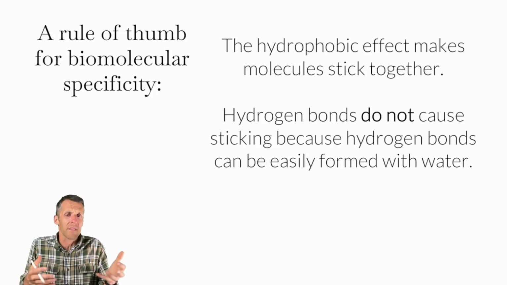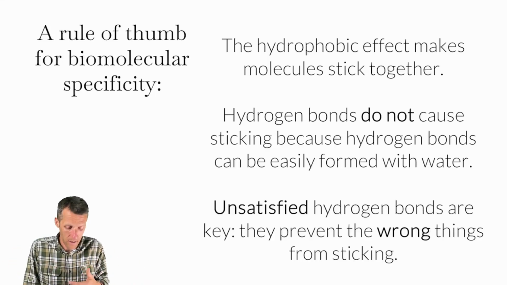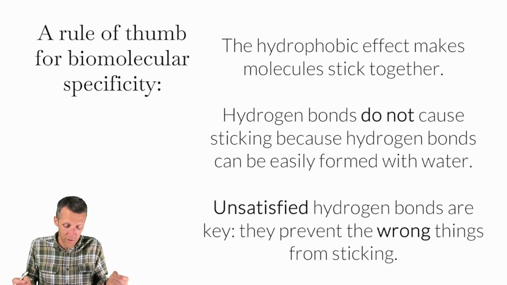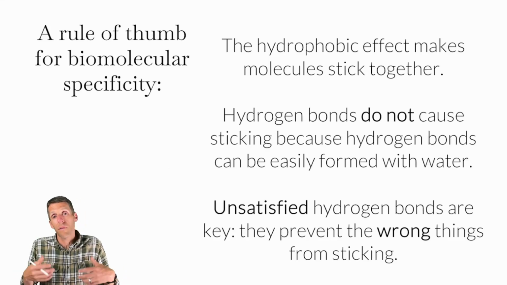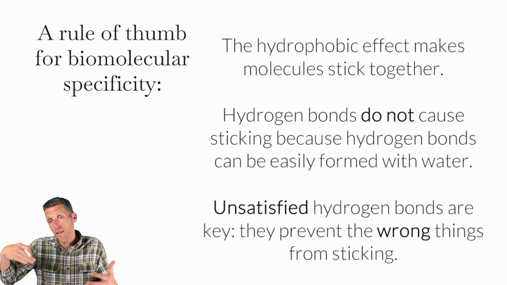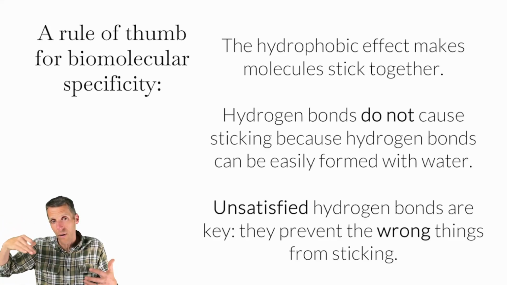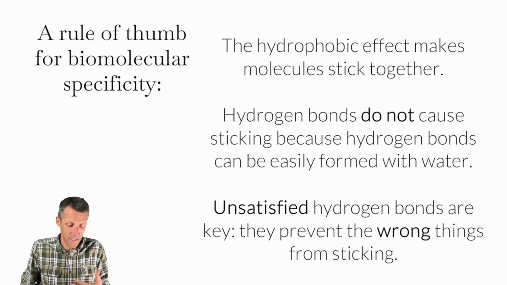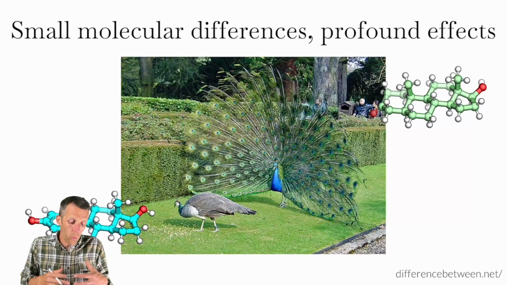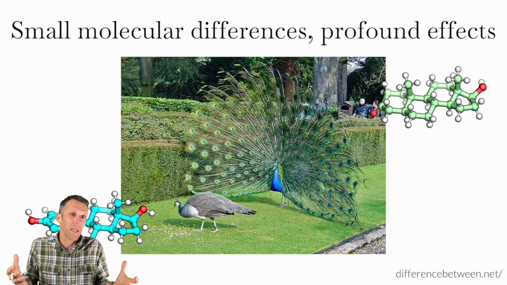They're not really the thing that tends to be driving sticking. But unsatisfied hydrogen bonds are key because they prevent the wrong things from sticking. Because the testosterone has the wrong hydrogen bonding partner type thing at the A ring, it can't stick to this receptor, giving it specificity.